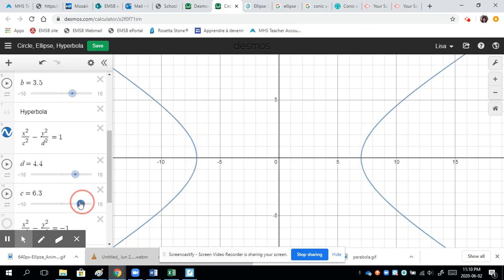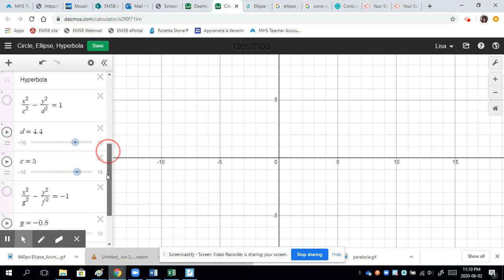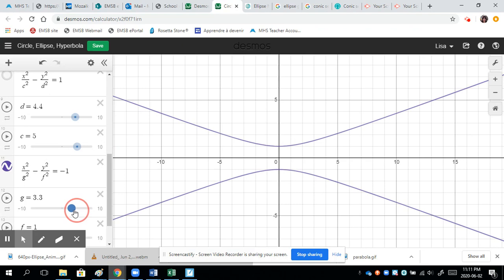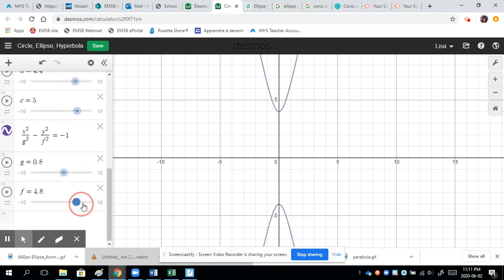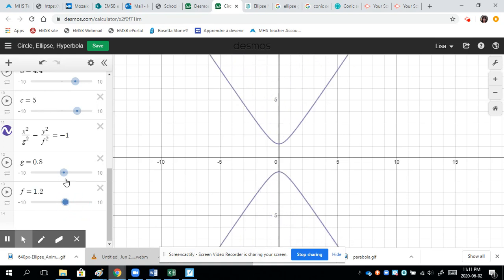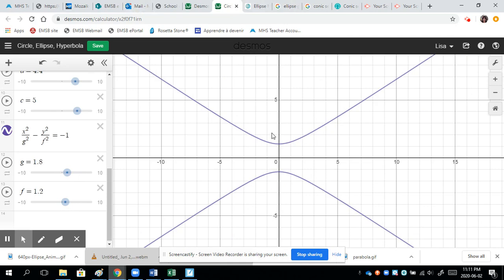This is the horizontal hyperbola. The horizontal hyperbola is equal to 1, and the vertical hyperbola is equal to -1. So these are two different hyperbolas.